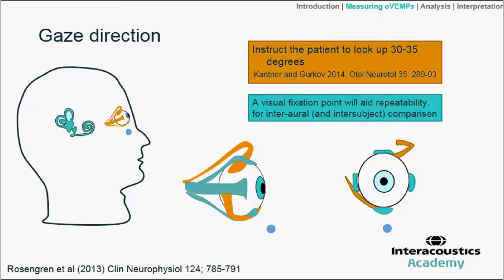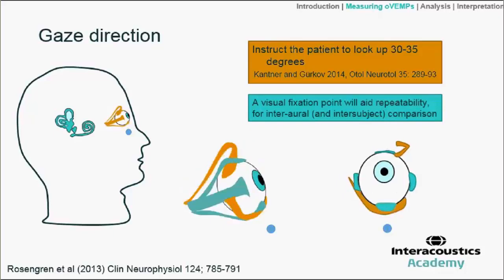But it would be useful for the patient to have a fixed point, so that during different steps of the test, for example comparing left ear and right ear responses, they're looking at the same point to aid repeatability. Now, as we look in the bottom right of the slide, we see the eye in profile view and head-on in relation to an electrode just in the inferior orbit, and we can see the effect of gazing up there, at least on the first of those two hypotheses, the effect of moving the muscle.